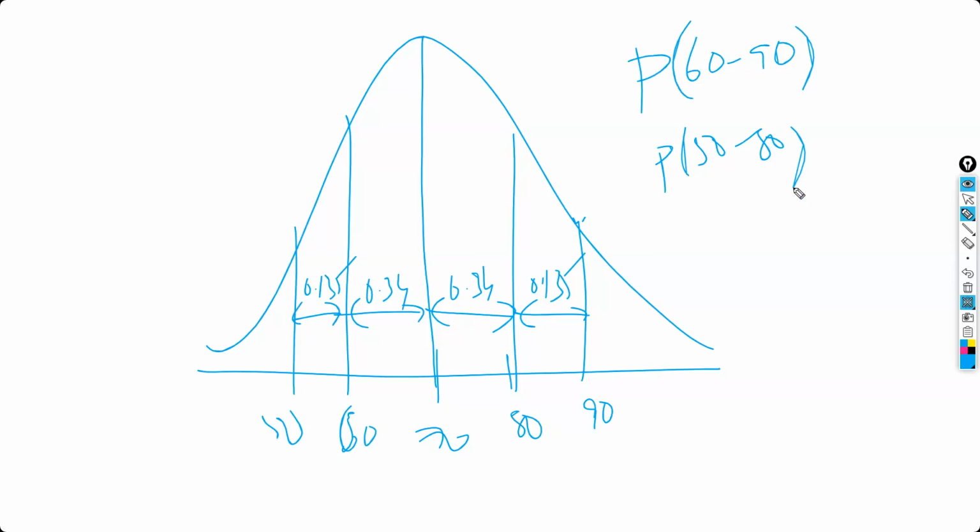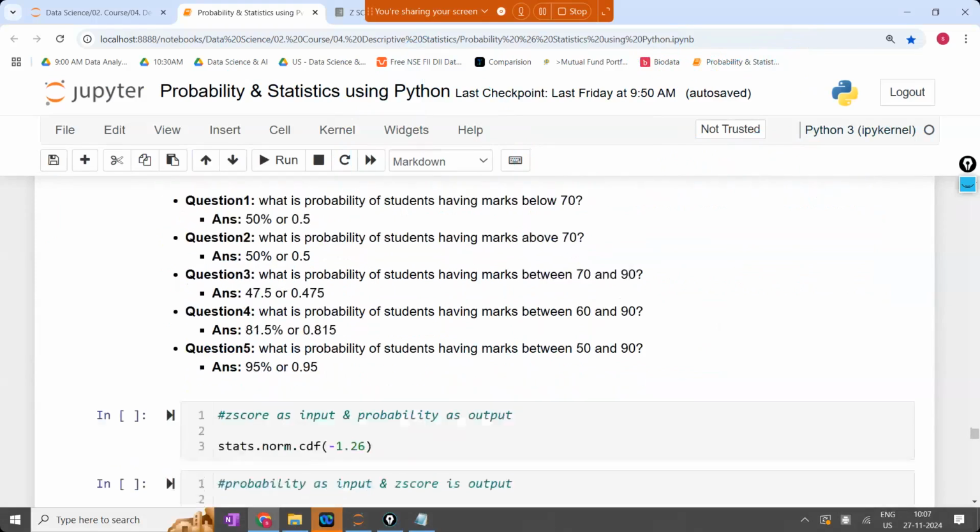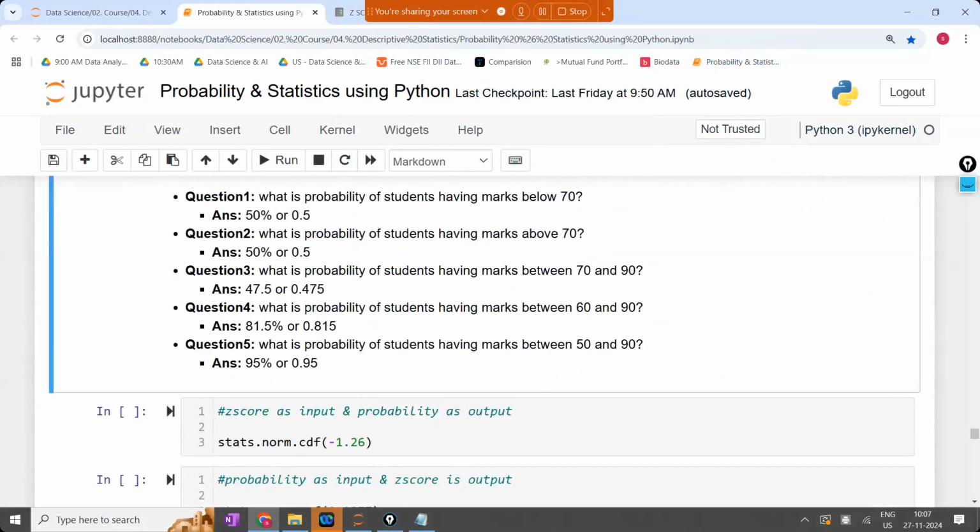You are just saying the numbers and adding only. Why confuse in this also? Now see all your questions: 70 to 90, 60 to 90, 50 to 90. Everything is the same approach.